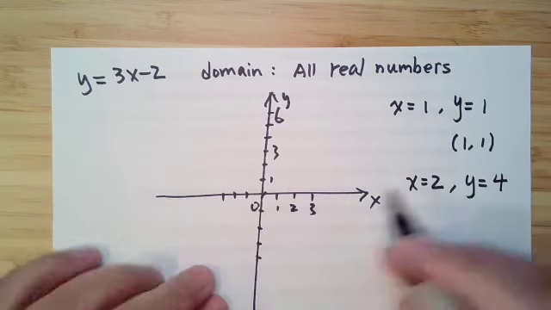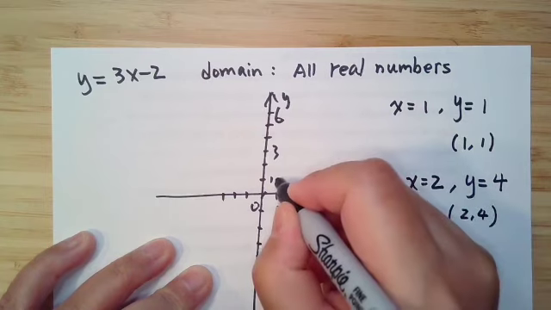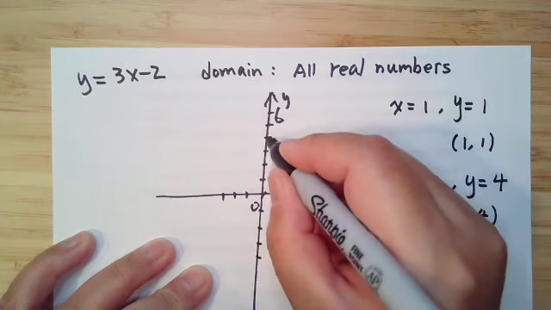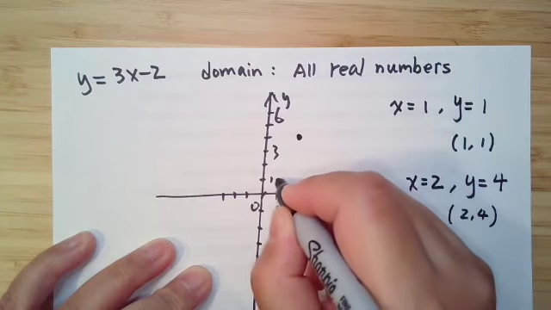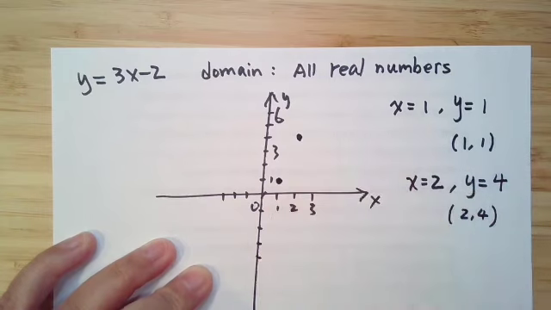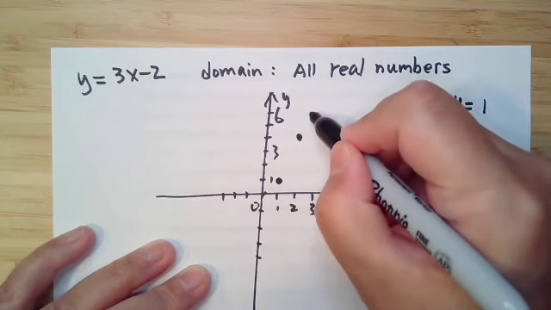So I have 2 points: (1, 1) and (2, 4). (1, 1) is here, and (2, 4) is here. Did you learn that if you want to draw a straight line, you only need 2 points? You don't need any more, right? So we can get this straight line.